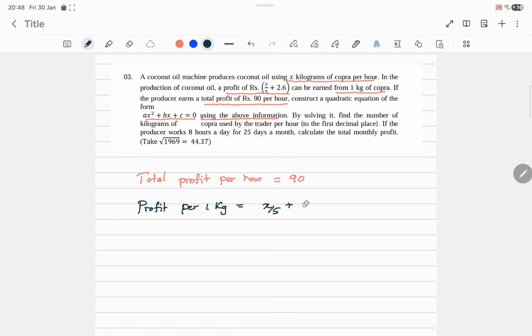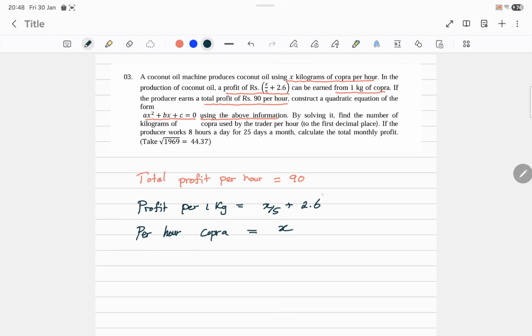Then per hour, copra used is how much? x kilograms. Right. So then how do we connect these 3 terms?